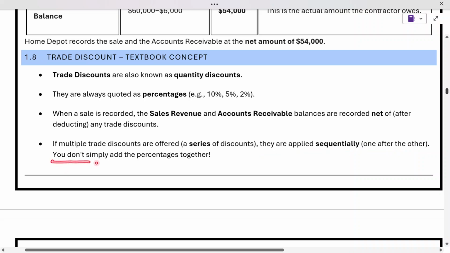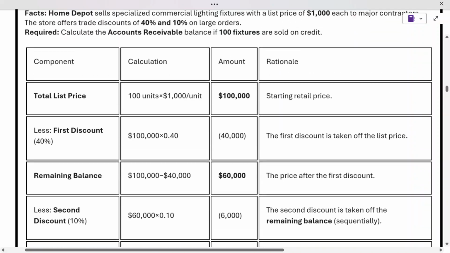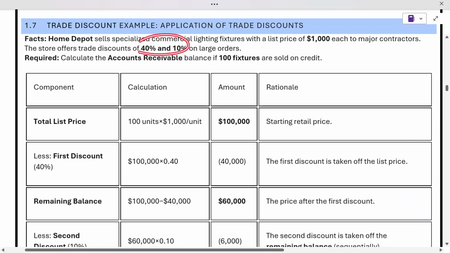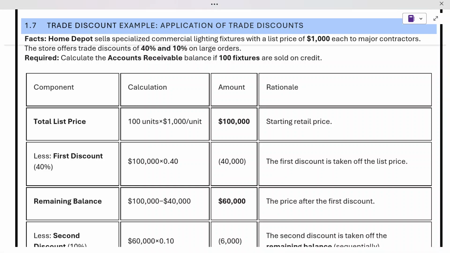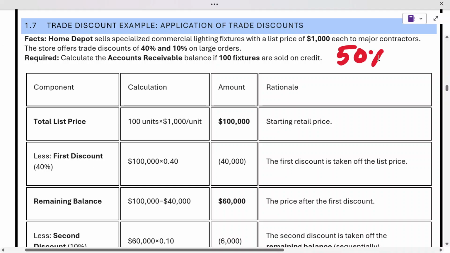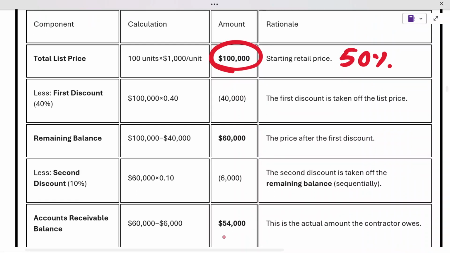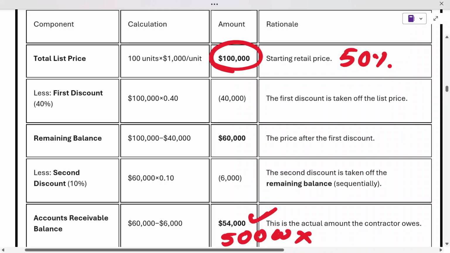This means that we don't simply add the percentages together, because if you add them together, you would say that overall this is a 50% discount, then on this $100,000, if you apply 50%, the balance amount will become $50,000, right? But it's not $50,000, it's actually $54,000. Why? Because the first discount is applied on $100,000, then the second discount is applied only on the balance amount.